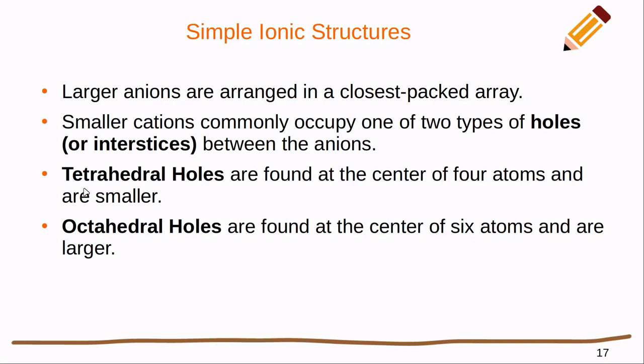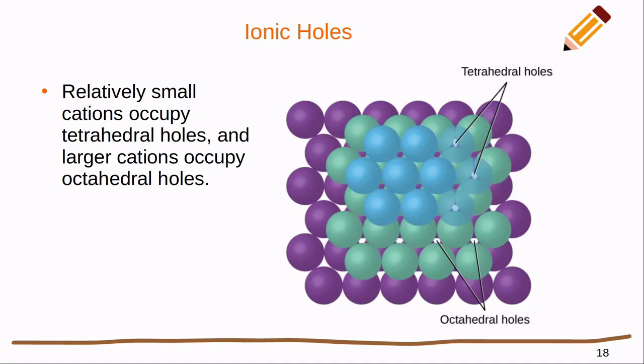The hole could be at the center of 4 atoms, in which case it's called a tetrahedral hole, or it can be found at the center of 6 atoms, in which case it's called the octahedral hole. Octahedral holes are larger than tetrahedral holes. Which type of holes form can depend on the size of the cations that you're trying to fit in there.